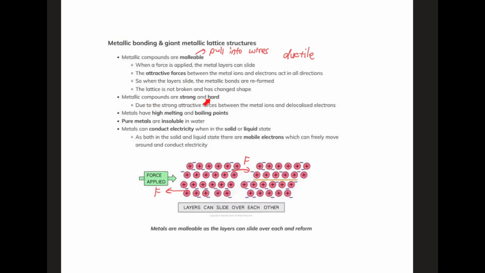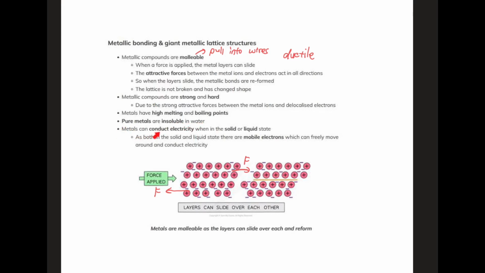Metallic compounds are strong and hard due to the strong attractive forces between the metal ions and delocalized electrons. Okay, so metals have high melting and boiling points, of course, because of the strong metallic bond also. Pure metals are insoluble in water.